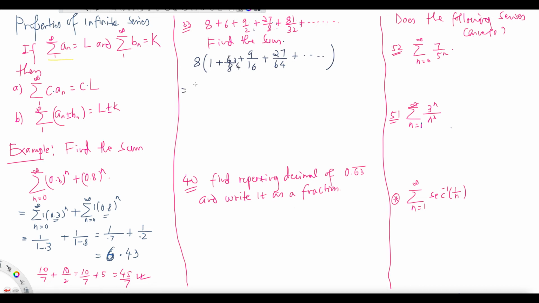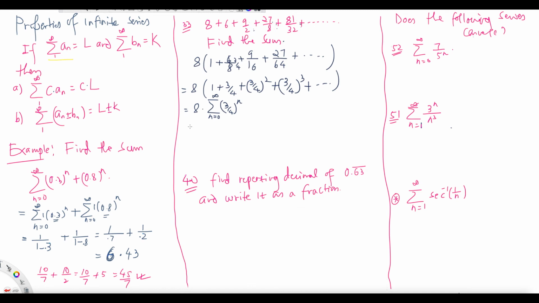So basically you got 8 times 1 plus 3/4 plus 3/4 squared plus 3/4 cubed and so on. Isn't that like 8 times the summation of 3/4 to the n, n equals 0 to infinity? Yes, it is, because if you take n equals 0, you get 1. N equals 1, you get 3/4. N equals 2, you get 3/4 squared and so on, right?